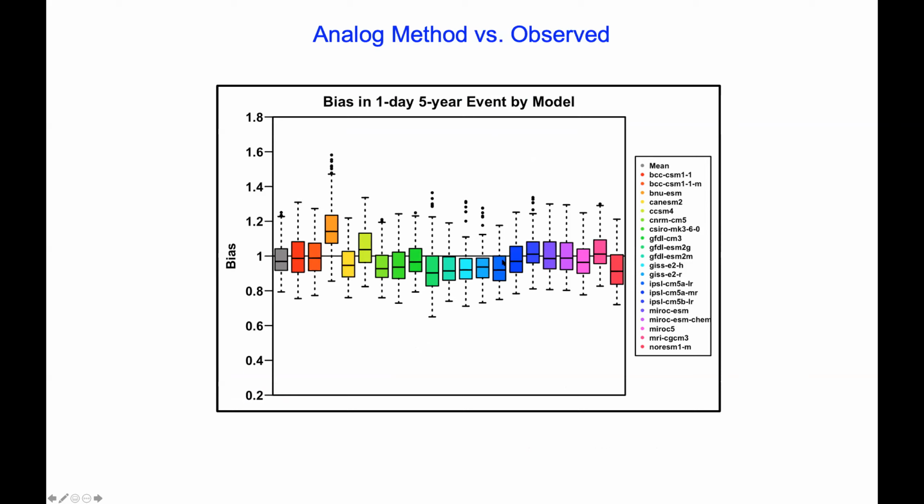And overall, you can see we've really reduced the bias by looking at this analog method, picking days that have similar weather events to those that have caused extreme rainfall and using the rainfall amounts from those analog days as a surrogate for what might happen in the future.